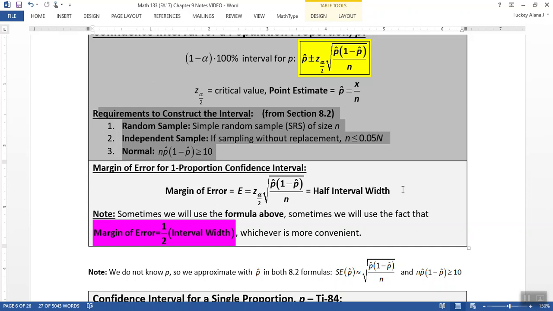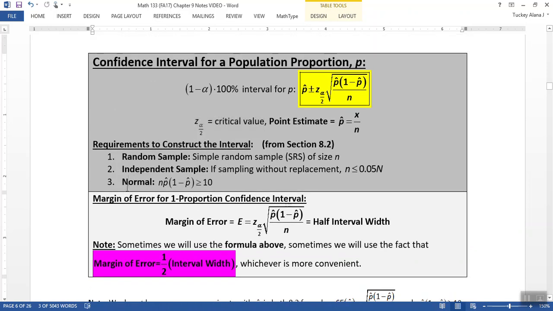And we need the distribution to be normal because that z that we're looking at right there is from the normal distribution. So if you don't have normal, you don't have z. And if you don't have z, you don't have this whole interval. So you need n times p hat times 1 minus p hat to be greater than or equal to 10. And again, all of this is on the notes sheets that you're given on the exam.